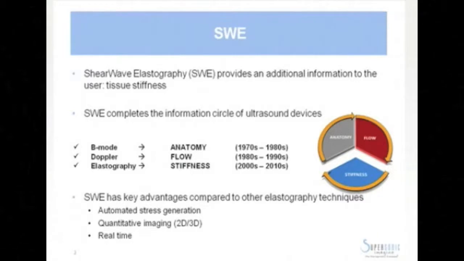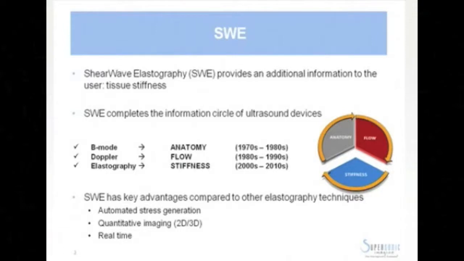You have the anatomy that is provided by B mode. You have the flow analysis that is provided by the Doppler modes. And today now you have the stiffness that is provided by the elastography modes. And you see that there is a lot of clinical interest here in this stiffness information. And all the manufacturers today are proposing their own elastography mode.